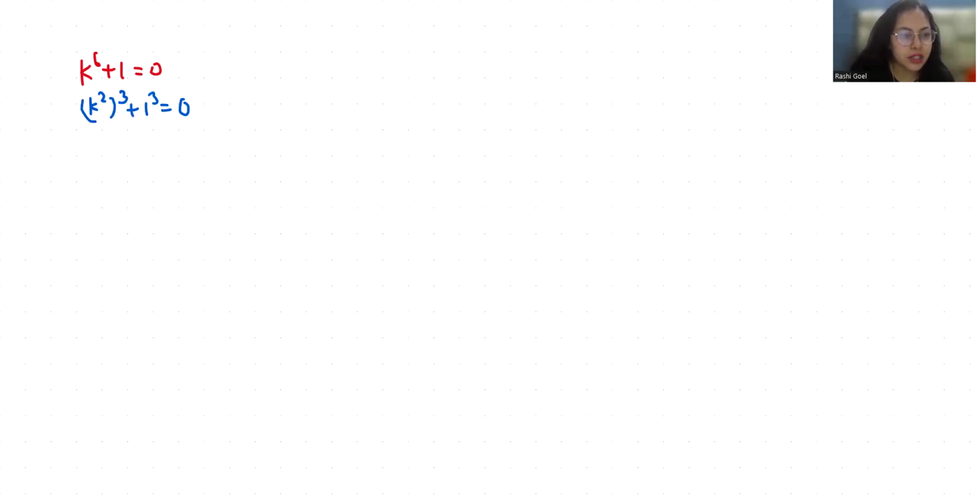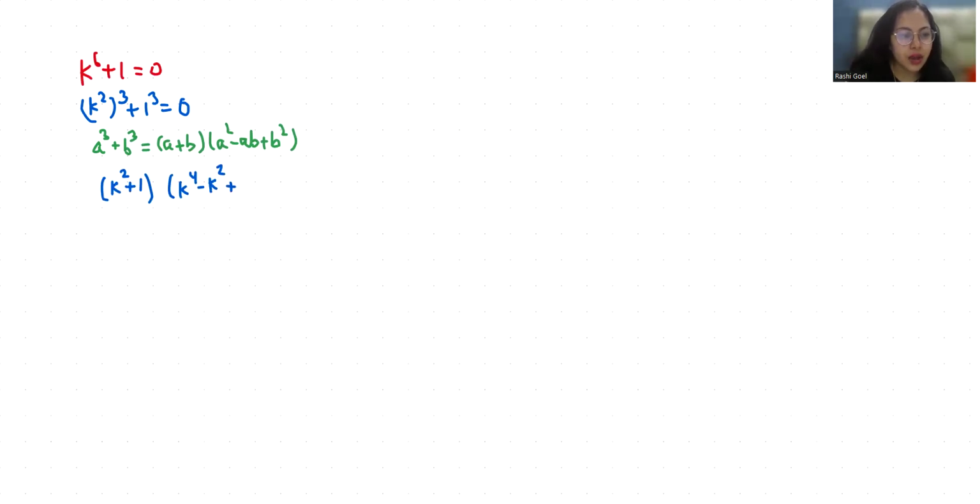Again, I'm using identity, that is a cube plus b cube, which is equals to a plus b times a square minus ab plus b square. So it becomes k square plus 1 times k power 4 minus k square plus 1 is equals to 0.